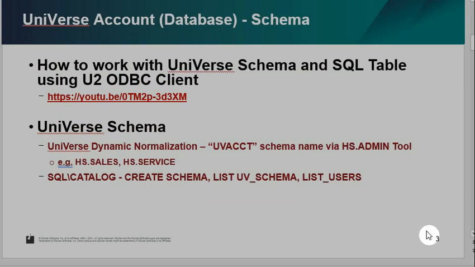By default, it will create a virtual schema called UVSCCT for dynamic normalization. If you're using the global SQL catalog space, then you can run a command to create a schema, and you can create a table. Most of the functions you can see inside a folder called SQL catalog, and you can list UV schema, list user, and other global catalog files.